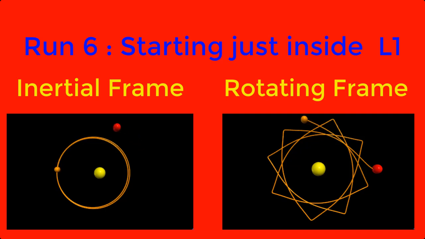So an approach close to L2 has resulted in just a marginally different orbit. So an even closer approach would of course result in a more significantly different orbit there.